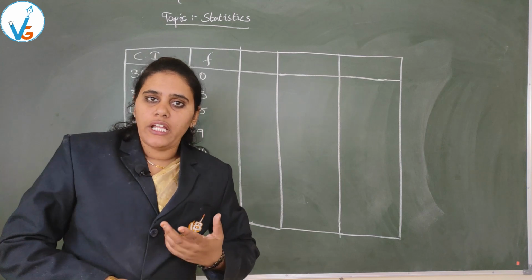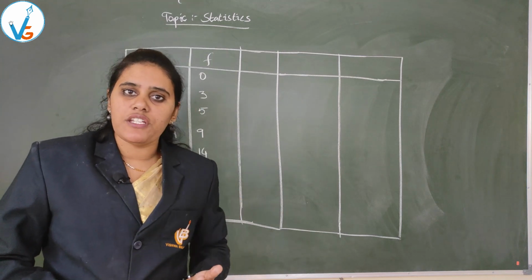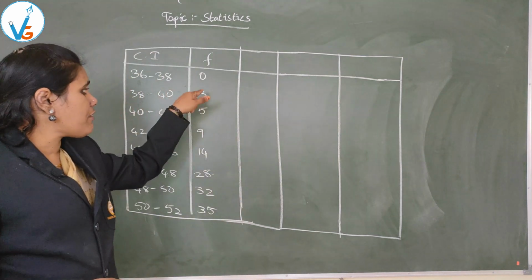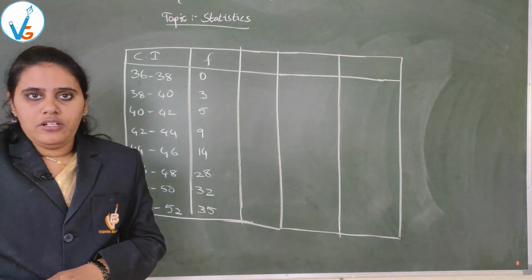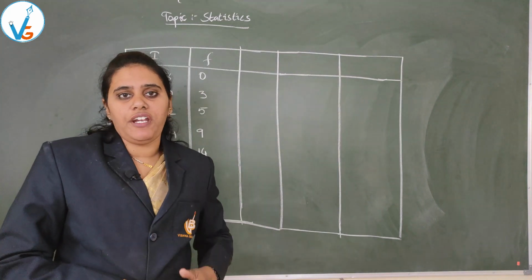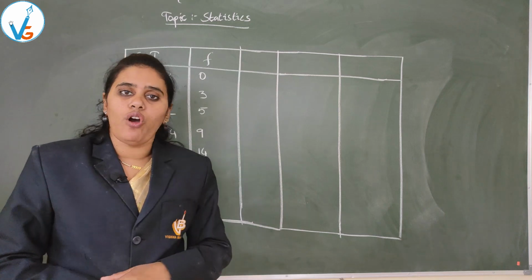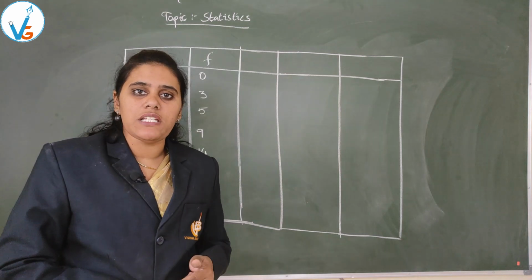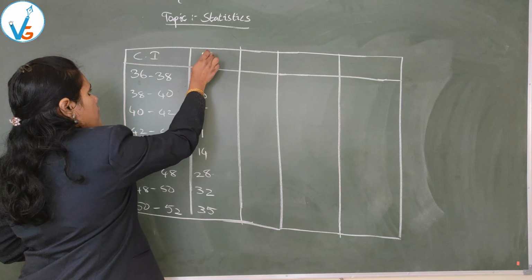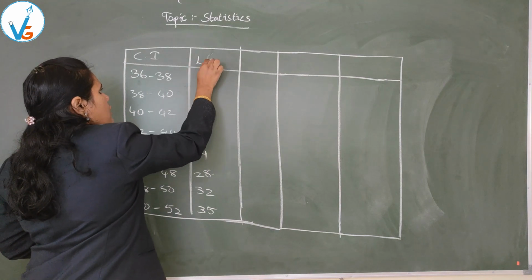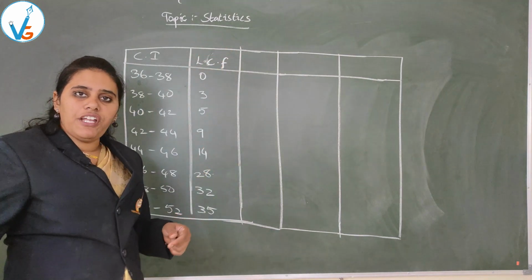You know how to take class intervals with a difference of 2. Next the frequency is given over here. Check the frequency: it is given in increasing order. Increasing order means it is less than cumulative frequency. The given one is your less than cumulative frequency.